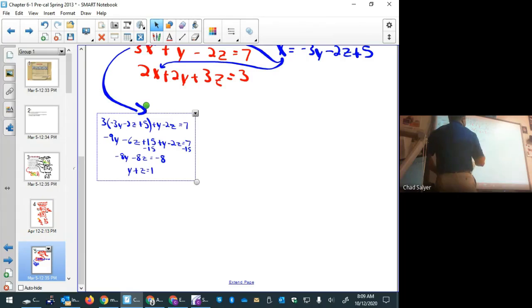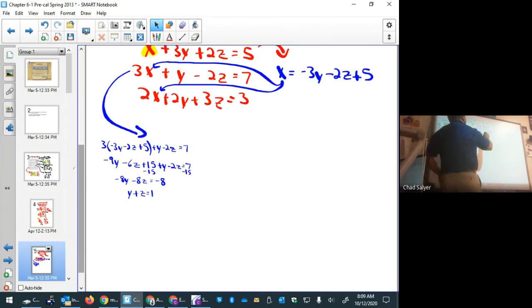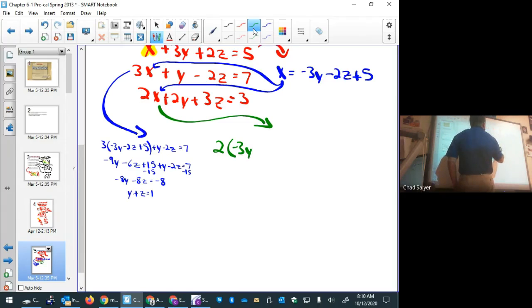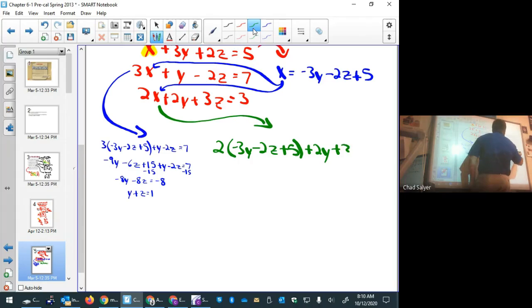Now we'll do the third equation. So that is 2 times negative 3y minus 2z plus 5, plus 2y plus 3z equals 3.